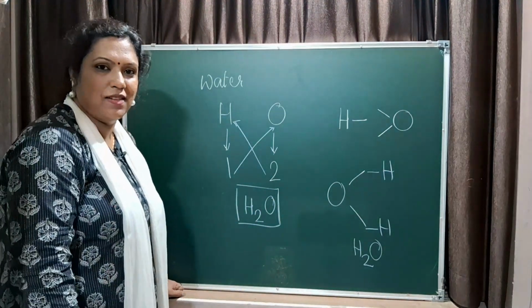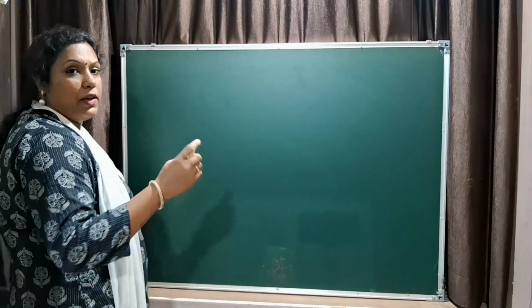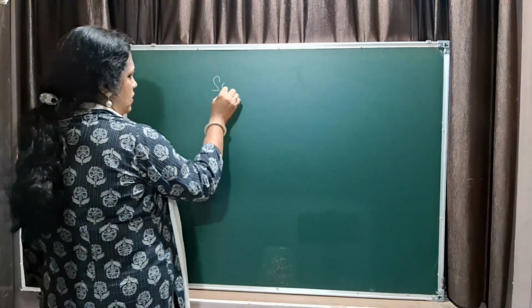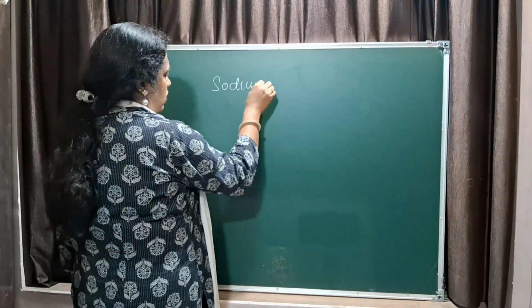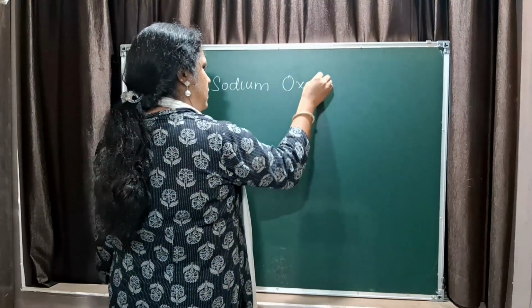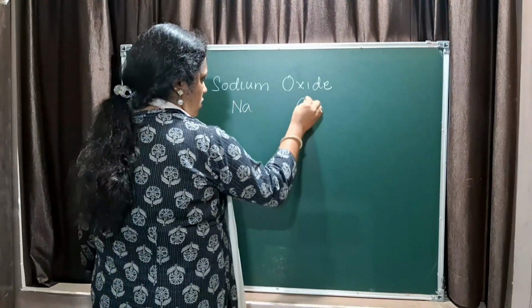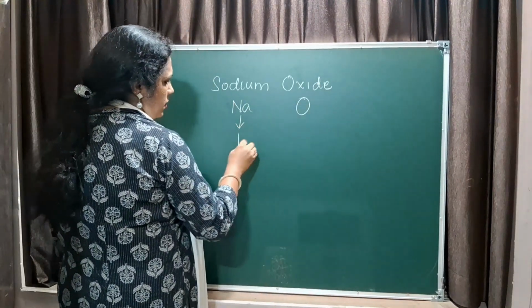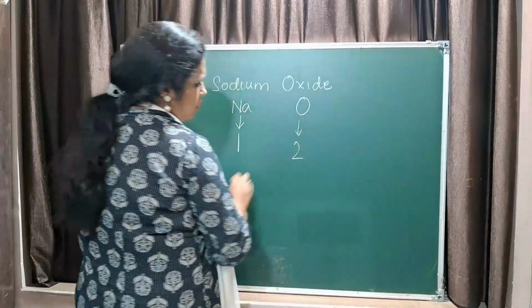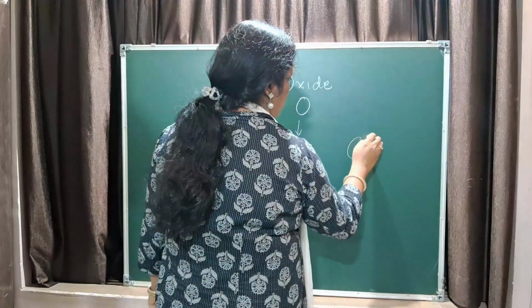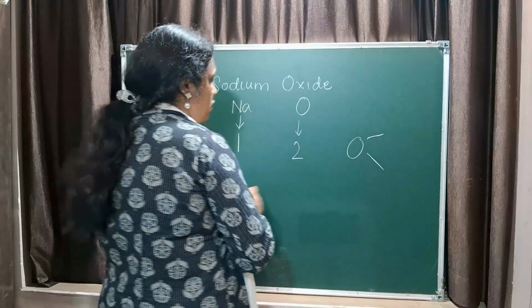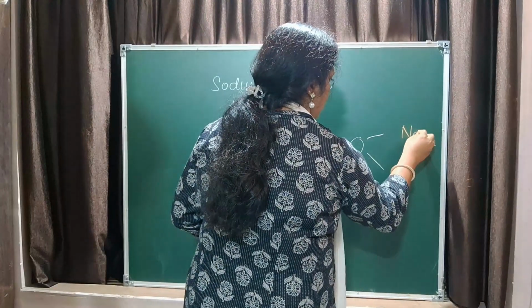Easy? One more. The next one, let us take sodium oxide. Sodium valency, symbol is Na, oxygen O. Valency of sodium is 1, oxygen is 2. Correct? So oxygen has got 2 arms and sodium has got only 1 arm.